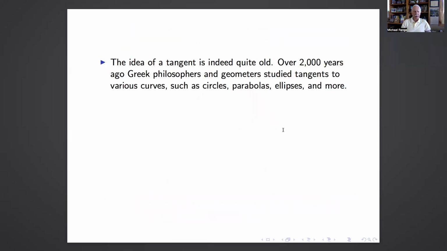The idea of a tangent is indeed quite old. Over 2,000 years ago, Greek philosophers and geometers studied tangents to various curves, such as circles, parabolas, ellipses, and more.